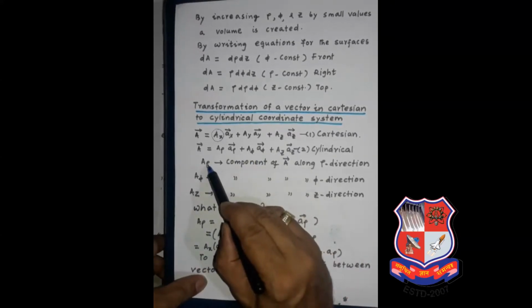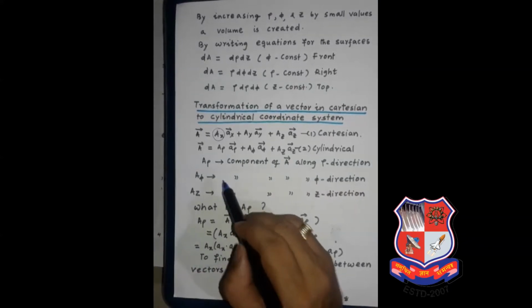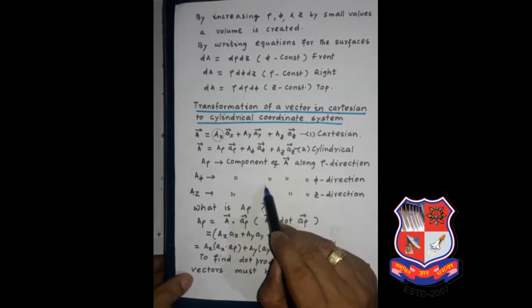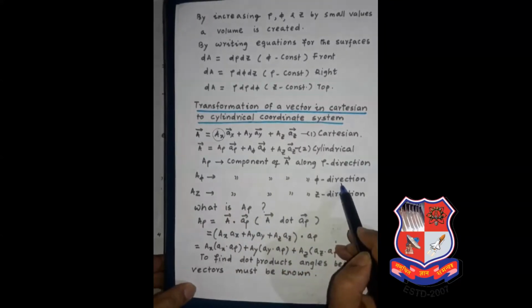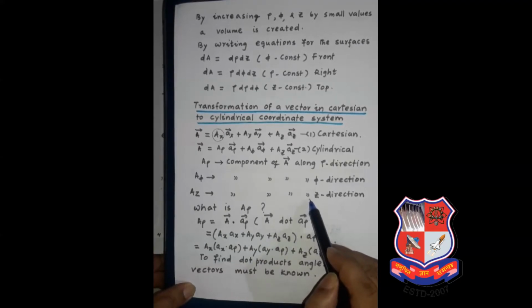A rho is the component of A along rho direction. Similarly, A phi is the component of A along phi direction, and Az is the z component of A along z direction.